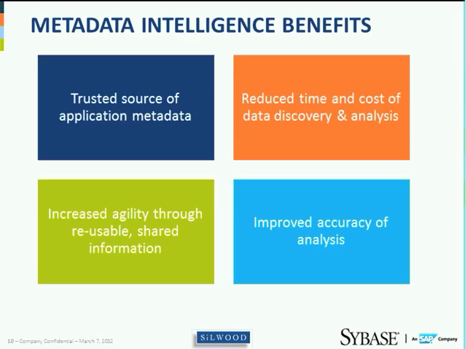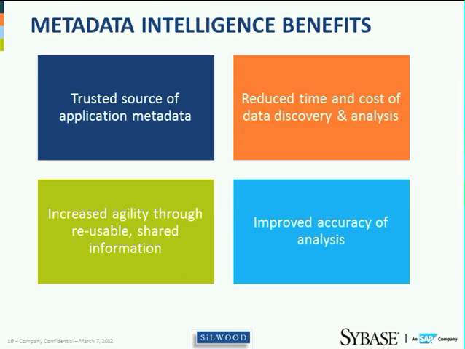So if we're able to understand the metadata, if we can find a way of making it easier to access and more easily understandable by people who perhaps are not very deep SAP technical specialists, then we can start to deliver faster projects. What we can help people to do is to have a source of trusted application metadata that can be reused time and time again across different projects, that can be shared between different project groups and product groups, which helps to increase the agility of projects.